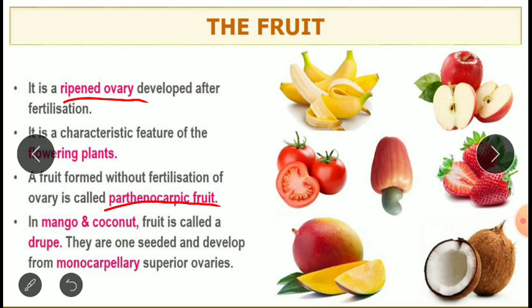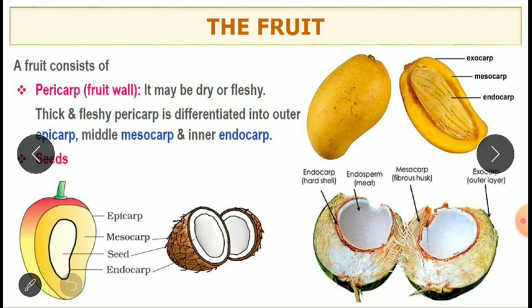Then in plants like mango and coconut, the fruit is called a drupe because it is one-seeded and develops from a monocarpellary superior ovary. When we talk about the parts of the fruit, it has a fruit wall, which can be fleshy or dry, and the seed.